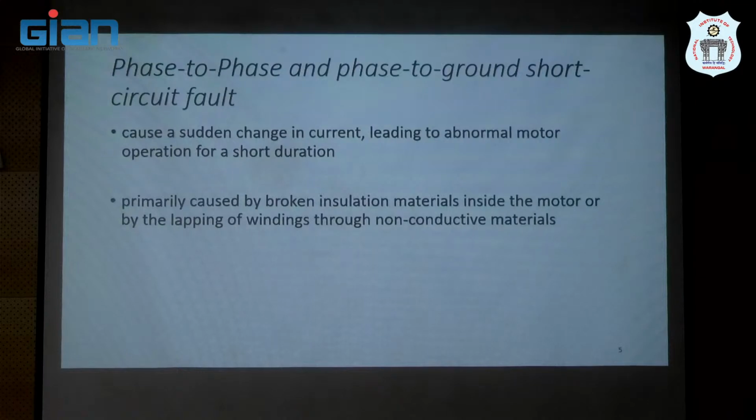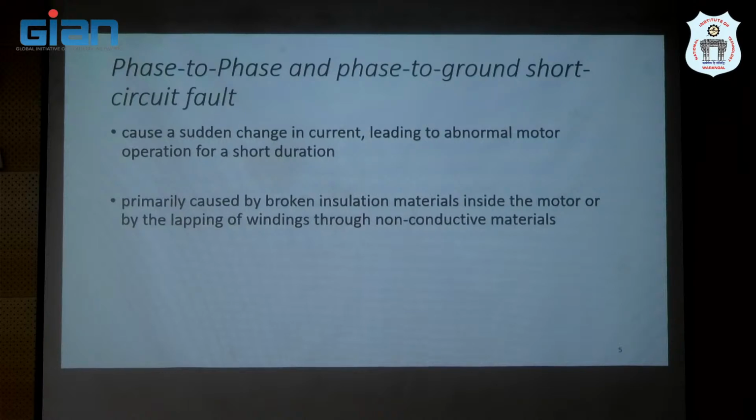Another one is phase to phase and phase to ground short circuit faults. There could be a sudden change in current during some motor operation, with a very short duration. Those may be related to phase faults.